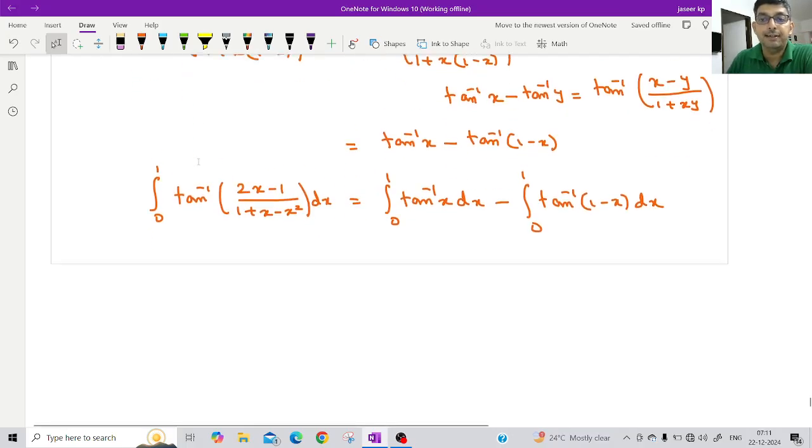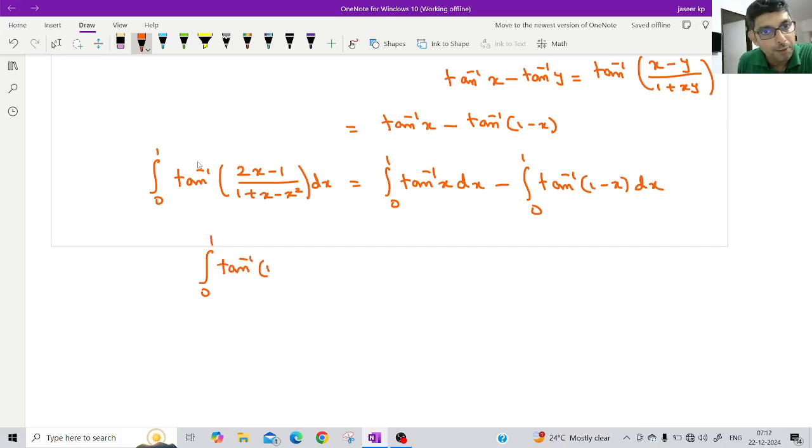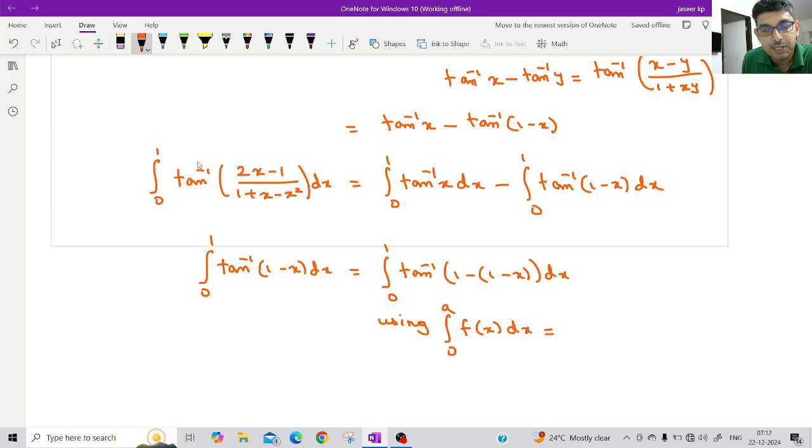Now if you take the second integral and apply the property integral 0 to a f of x dx equals integral 0 to a f of (a − x) dx, that means it will come as 0 to 1 tan inverse x dx.